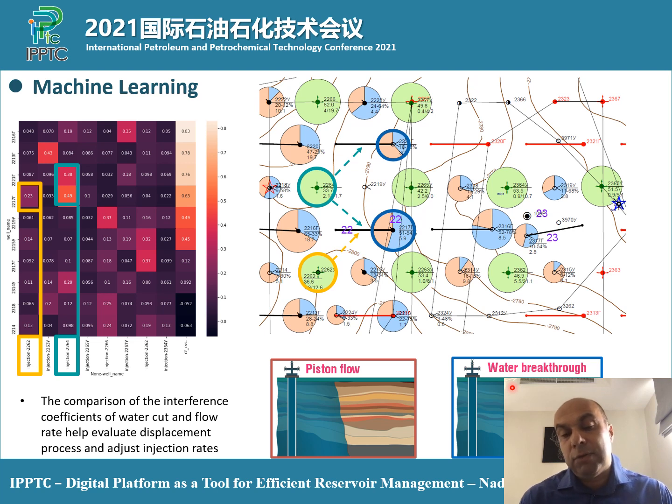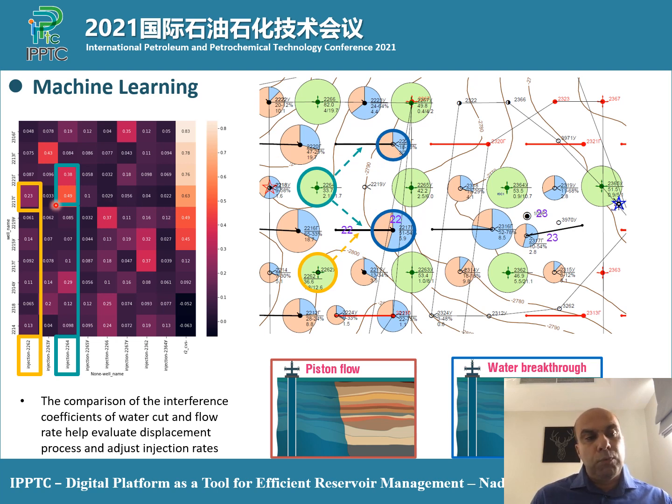But reality always shows us a water breakthrough, or when you have more conductive, let's say, natural fractures, then the water follows the path of least resistance, and that injection water is lost.